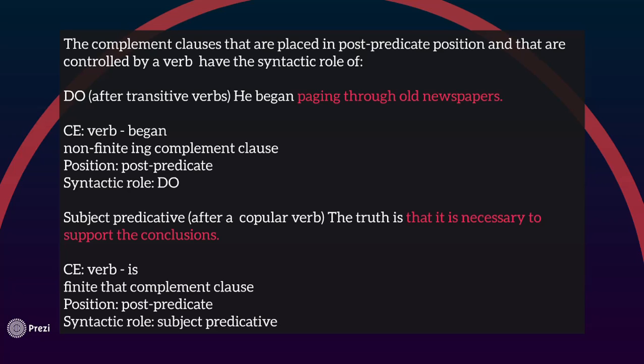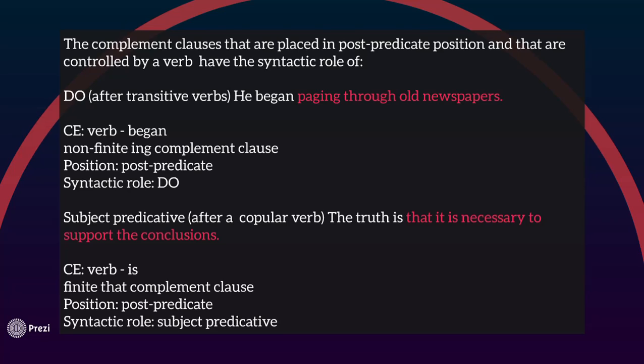On the one hand, remember that every time we have the complement clause placed after verb be in any tense, we'll have the function of a subject predicative. On the other hand, if the verb is a transitive verb, what we'll have after as a complement clause will be functioning as the direct object. In the example, he began paging through all newspapers, we can see a non-finite ing clause, which is placed in post-predicate position controlled by the verb began.